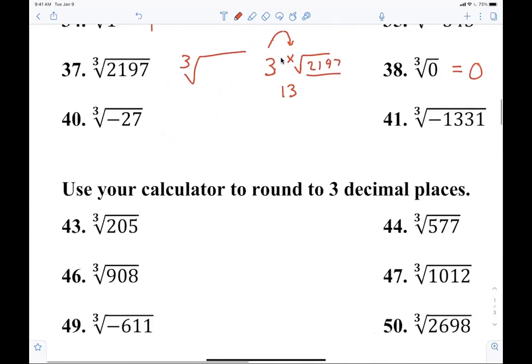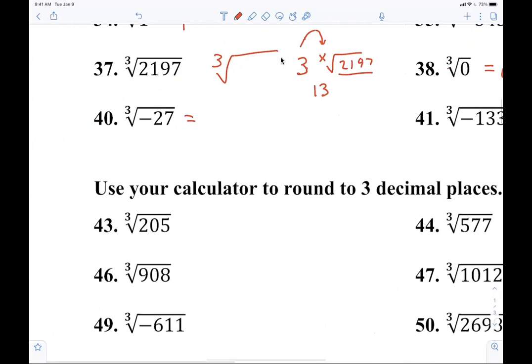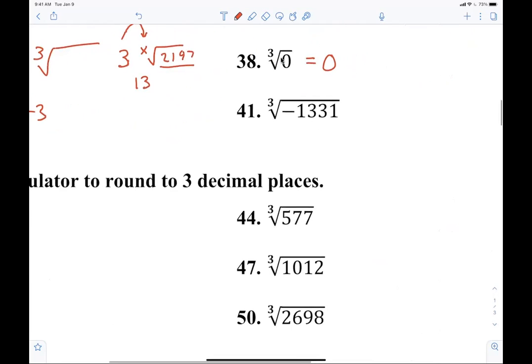All right, Maggie, cube root of -27. -3. Cube root of -1331. Austin. You can use your calculator. So you put the 3 in.